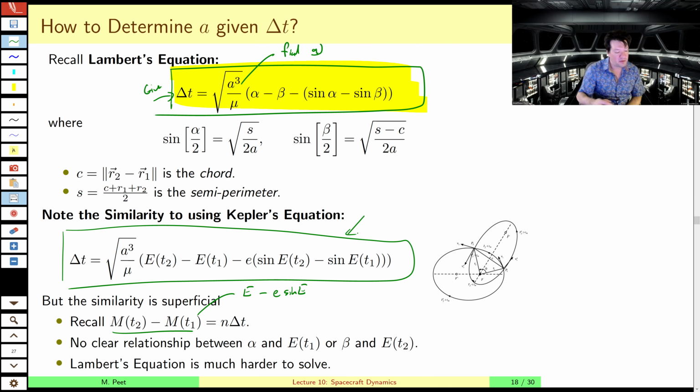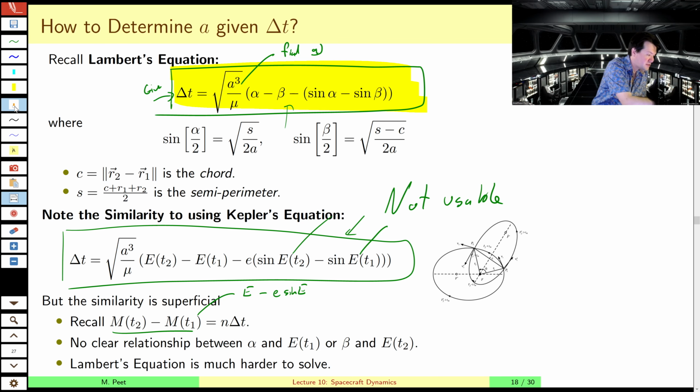But this equation is not particularly solvable because you don't have E. Structurally, it looks quite similar to what we get with Lambert's equation, but don't confuse the two. So not usable.